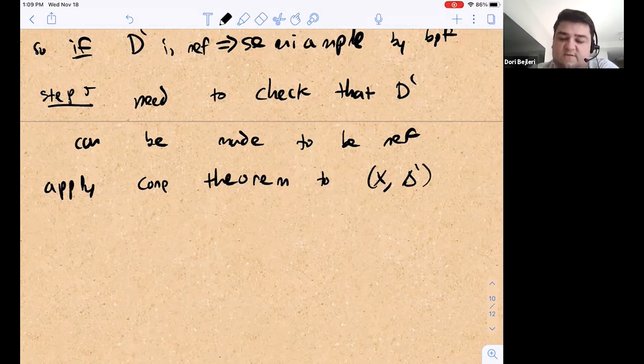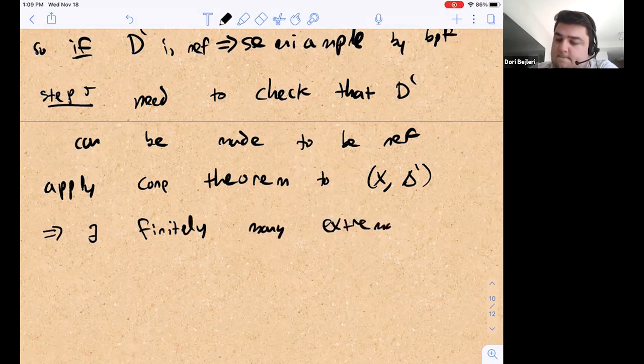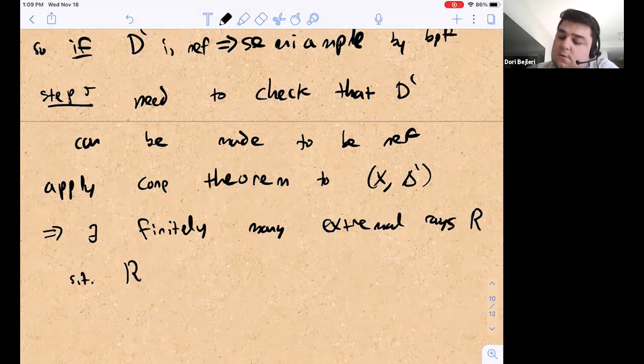So we get that there are finitely many rays that are contained in the K_X negative half space.